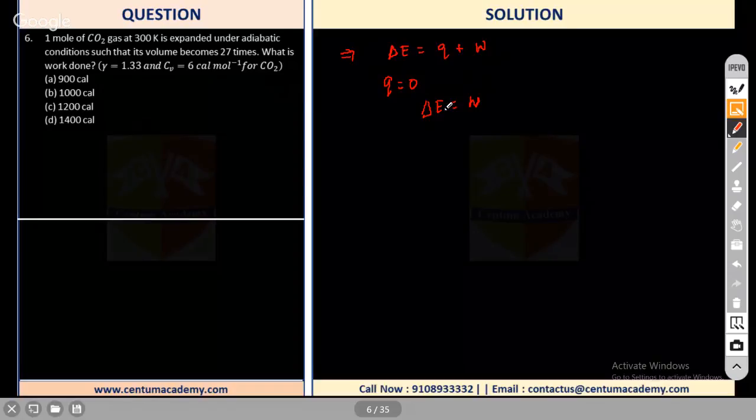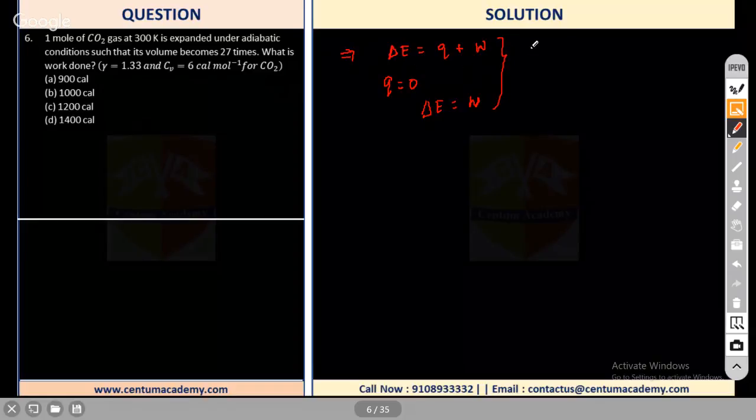Okay. Now you see, in the adiabatic condition the volume is increasing, right? And since it is an adiabatic process, there is no exchange of energy between system and surroundings. So whatever expansion takes place, that will be there at the cost of the internal energy of the system, right?